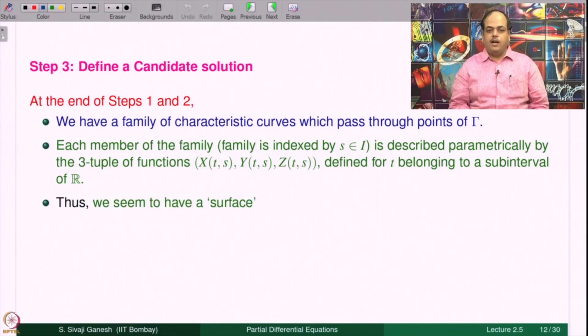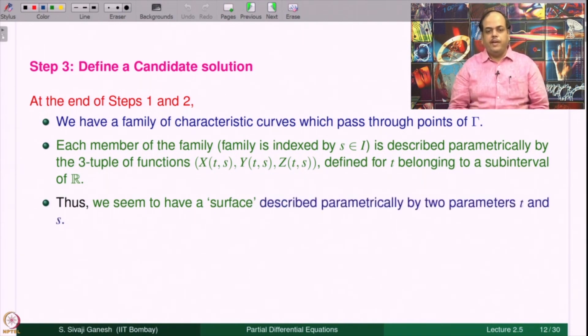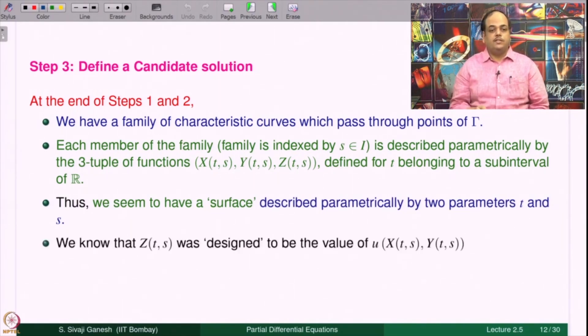Thus, we seem to have a surface. It depends what your definition of surface is, but we seem to have a surface, let us be very vague here, described parametrically by 2 parameters t and s: x(t,s), y(t,s), z(t,s), t and s varying. So, what you hope to get is a surface.